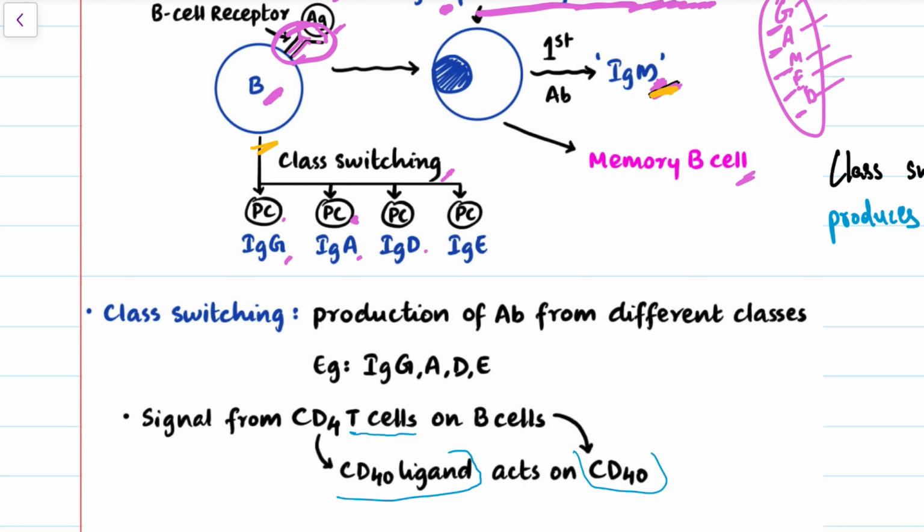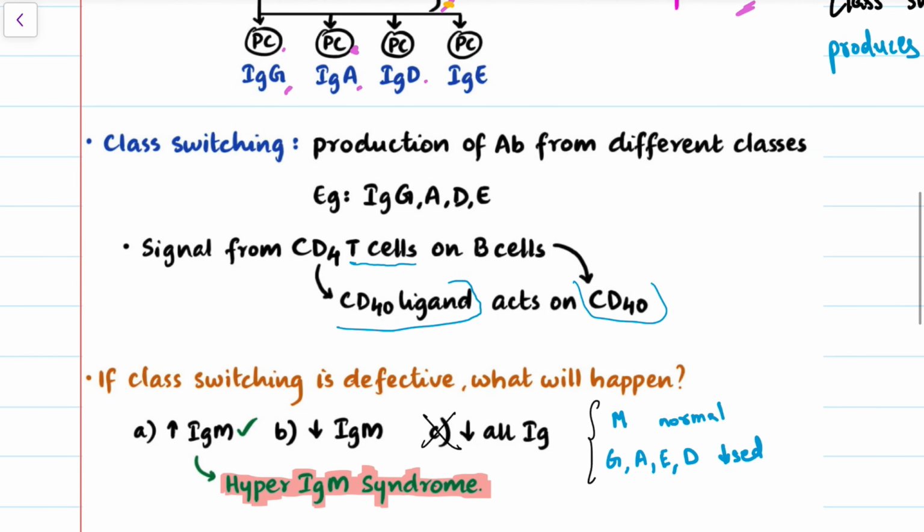The B cell is not able to switch classes. Then what happens? Is there an increase in immunoglobulin M, or is there a decrease in immunoglobulin M, or is there an overall decrease of immunoglobulins?